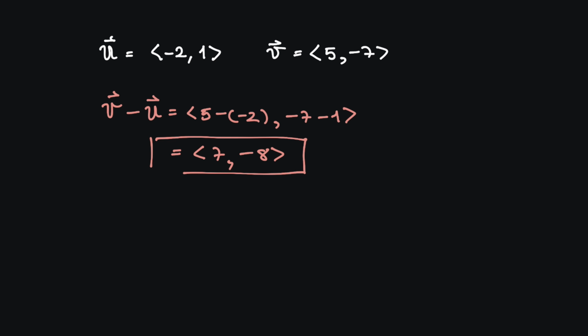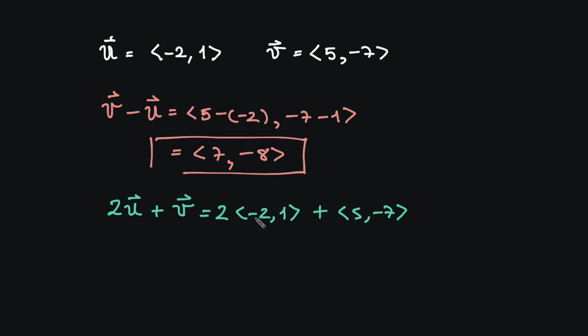Okay, let's do another one. Let's suppose that we want to add 2 times U plus vector V. Let's combine the problems. So 2 times U is 2 times (-2, 1), plus vector V, that is (5, -7).